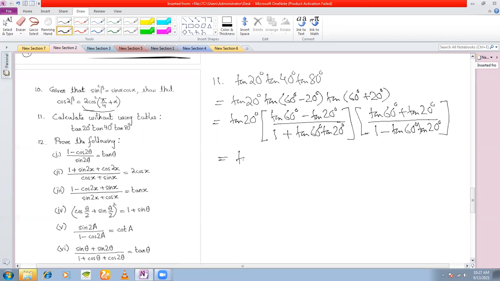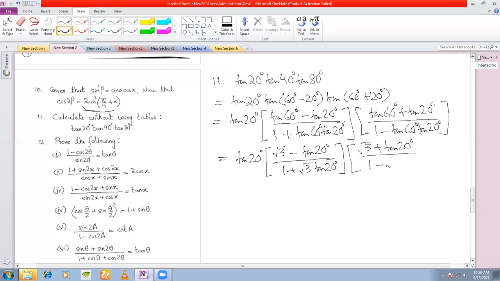So this is tan 20 degree. Tan 60 value is √3, minus tan 20 degree divided by 1 plus √3 tan 20 degree. And this is √3 plus tan 20 degree divided by 1 minus √3 tan 20 degree.